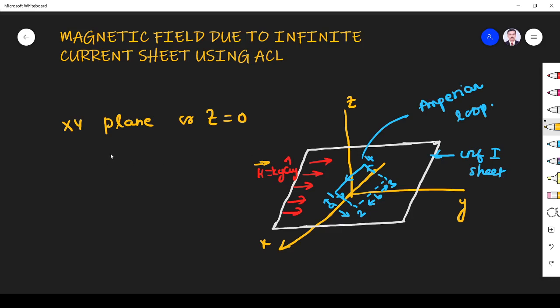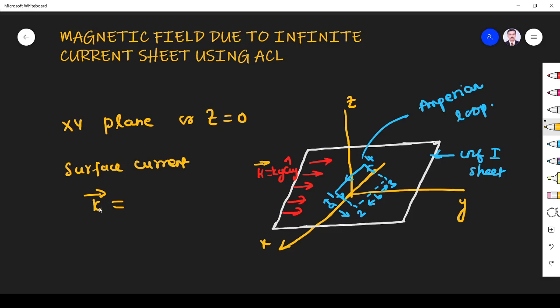Then the current flowing through this sheet is a uniform surface current density, whose value is K vector. We know the meaning of K vector that we dealt with in the previous video. If you have any doubt, please refer to my video on it.